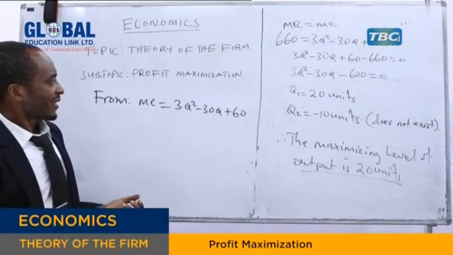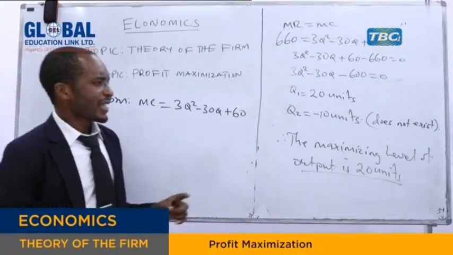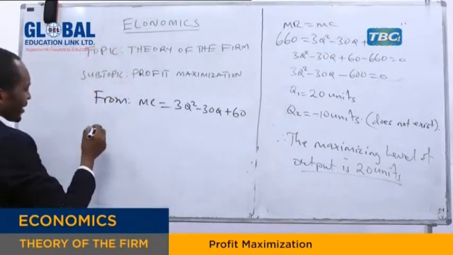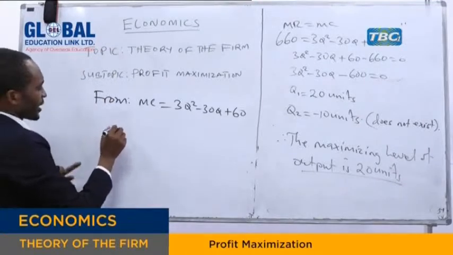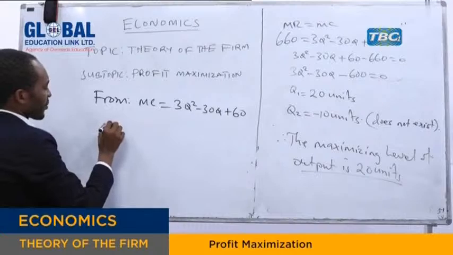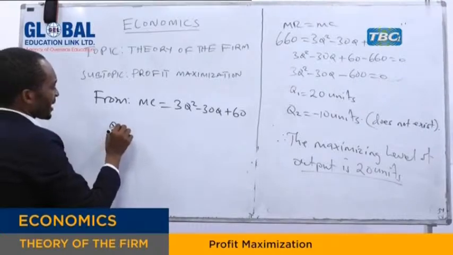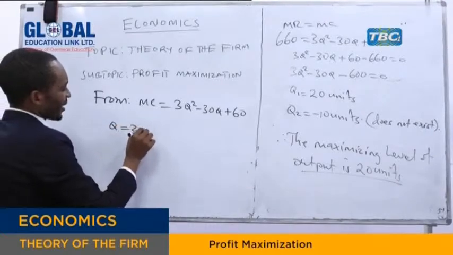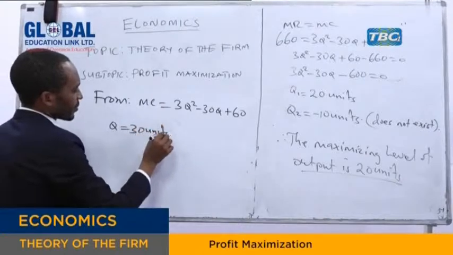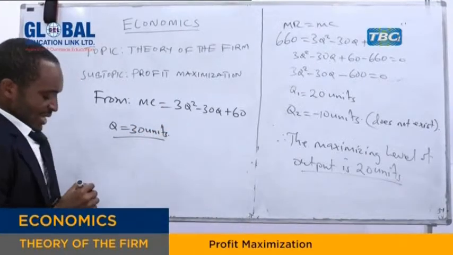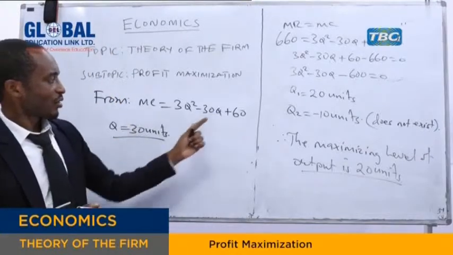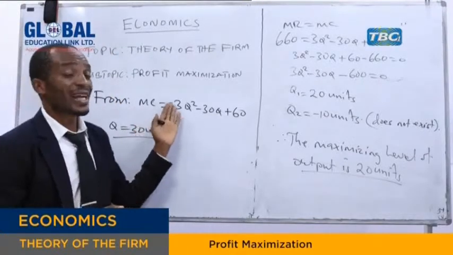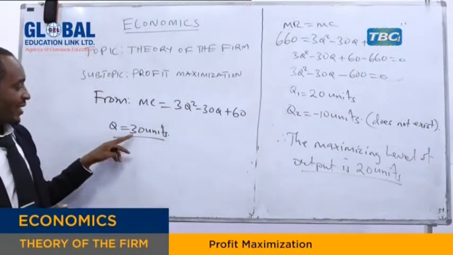Now if we increase from 20 units, let's assume Q is 30 units. Let us plug these units into this marginal cost to see the additional cost due to increasing output to 30 units.